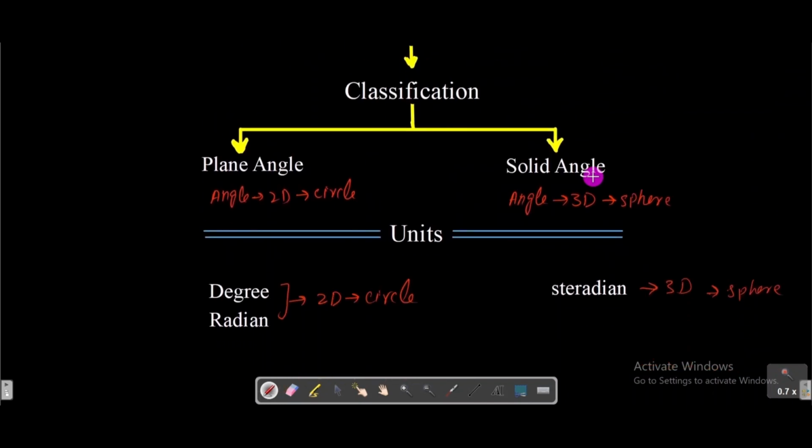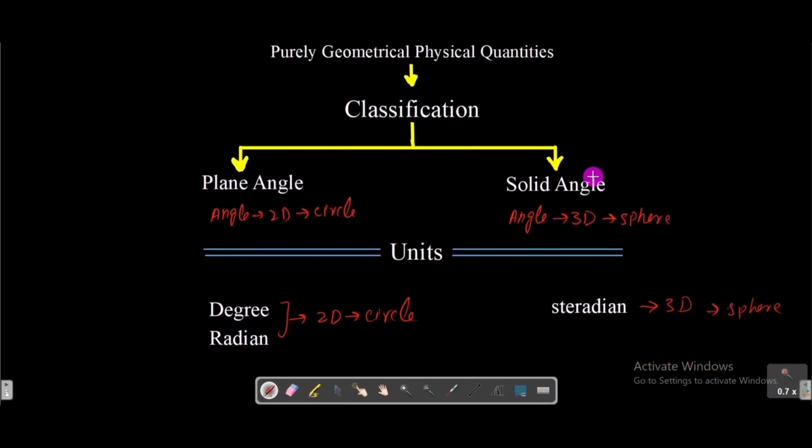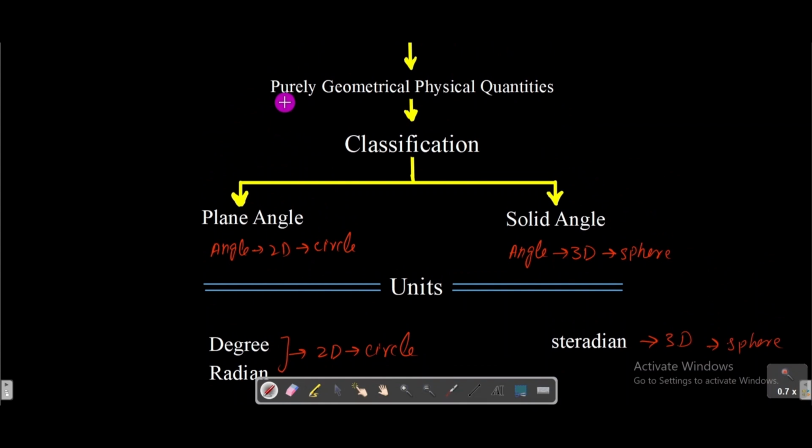So this was the detailed overview of the supplementary unit. The supplementary unit is actually the pure geometrical physical quantities, so here we deal only with theta, the angles. Therefore, it is called pure geometrical physical quantities.